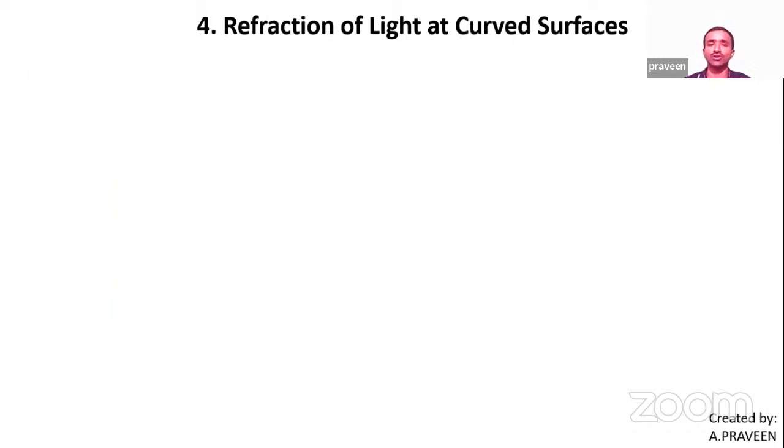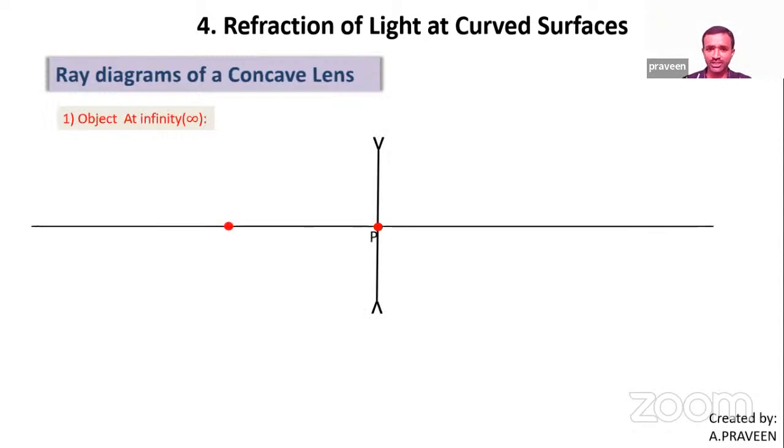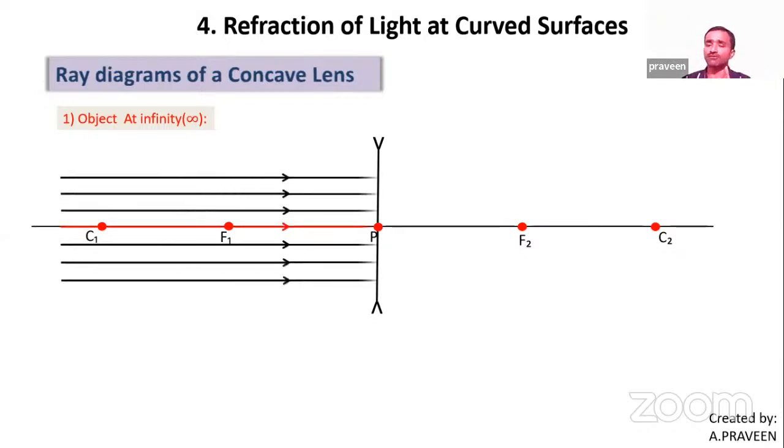Next we'll go for image characteristics for the concave lens. For the ray diagrams, I will show you in the animation only, no explanation. All the points are identified as we discussed. At infinity there is no representation of an object, just a parallel beam of light rays. After refraction, they appear to diverge, as we learned in figure number 8, A, B, C, D. So they are all diverged.